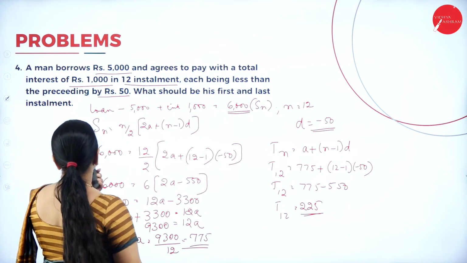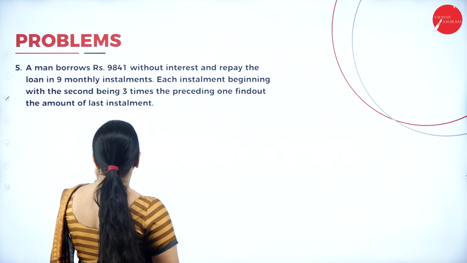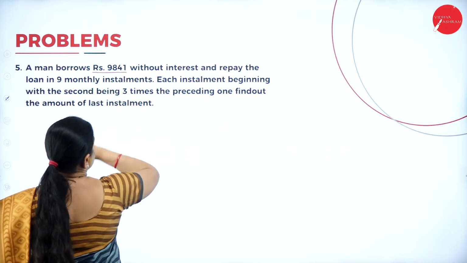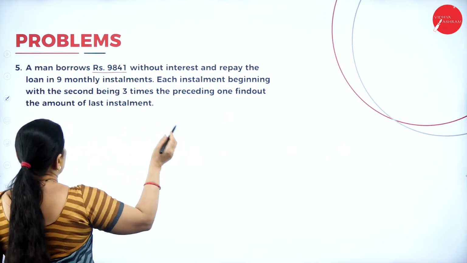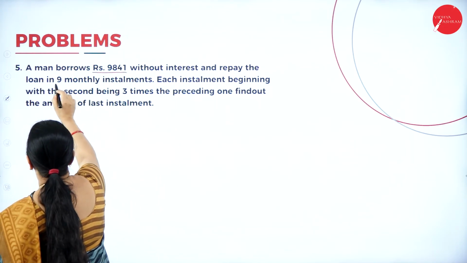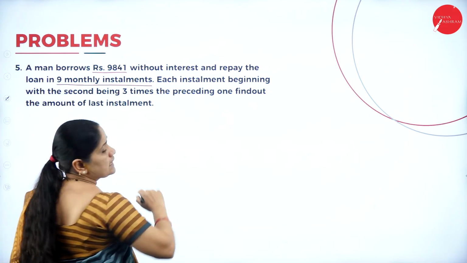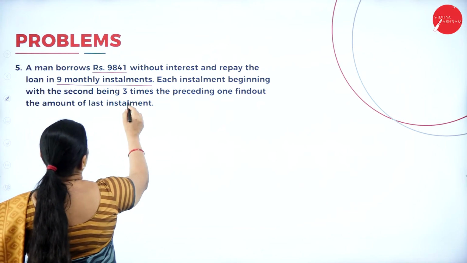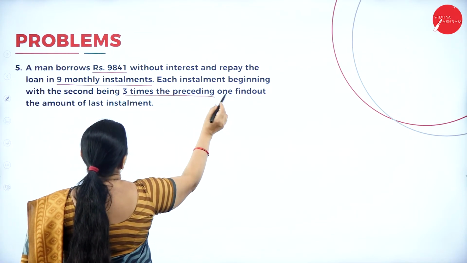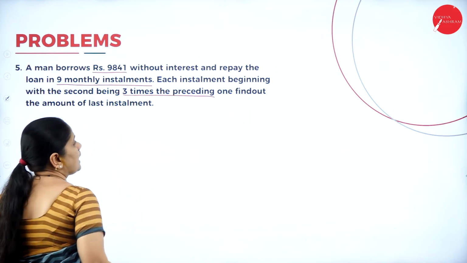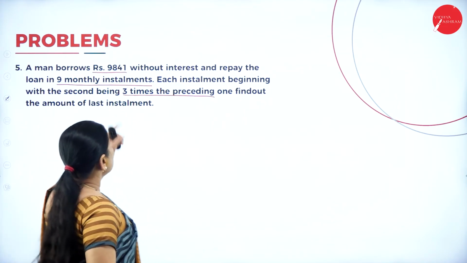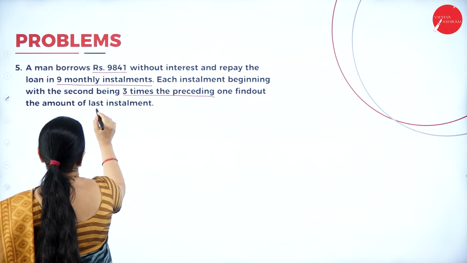Now, the next problem, a man borrows rupees 9,841 without interest and repays the loan in 9 monthly installments. Each installment beginning with the second being 3 times the preceding one. Find out the amount of the last installment. So, a man has borrowed 9,841.